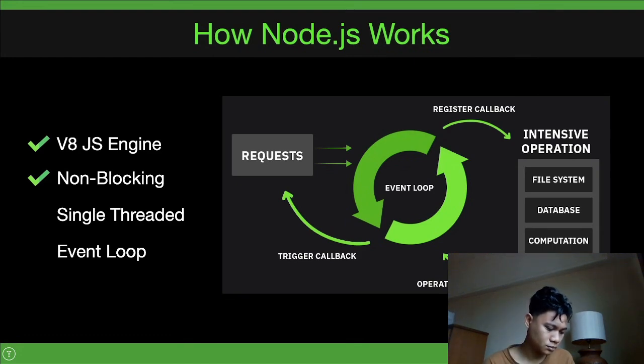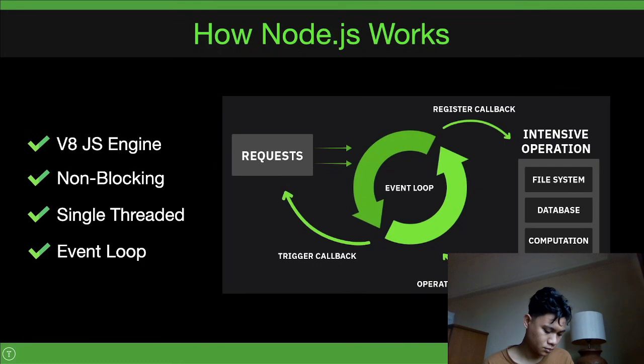And this is why Node.js is so fast and efficient. Now, in Node.js, there's a single main thread that executes your JavaScript code, and you can think of a thread as a set of instructions that your computer executes. And in a single-threaded environment, there's only one set of instructions that are executed at a time. This is different from multi-threaded environments where you have multiple threads that can execute different parts of your code simultaneously.